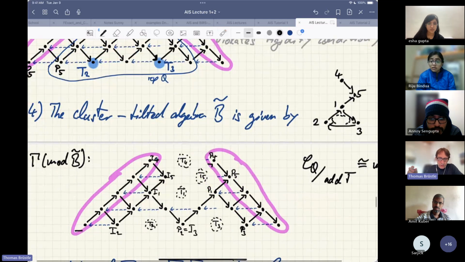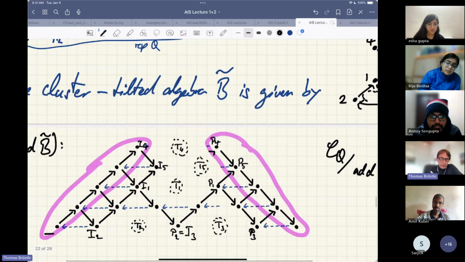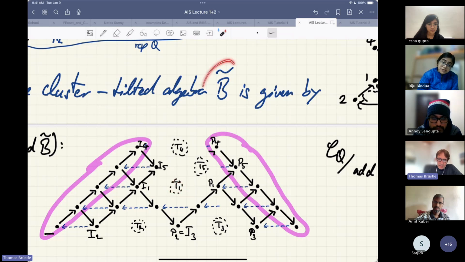And you do see that removing such a summand T_i creates an injective over the cluster tilted algebra B tilde, because this is an object that has no tau inverse, and it creates a projective, because this is an object that has no predecessor under tau.